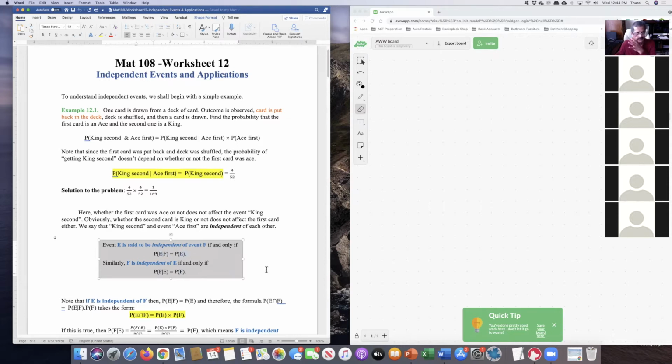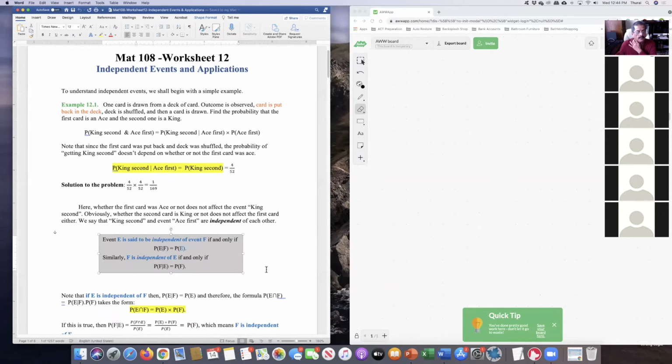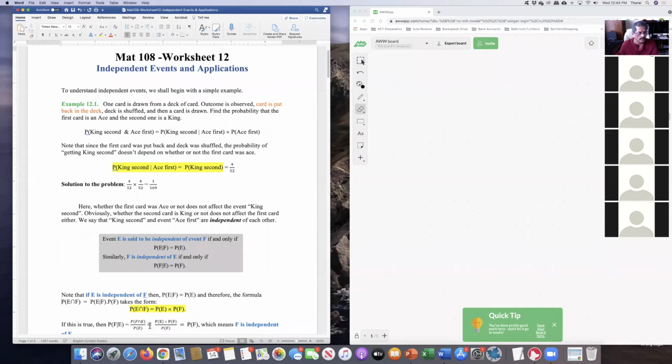So that's the meaning. Now, the next thing we need to understand is a formula we already know from the last chapter. The probability of E intersection F is equal to the probability of E given F times the probability of F. We call this the multiplication rule. Some books call it the product rule.